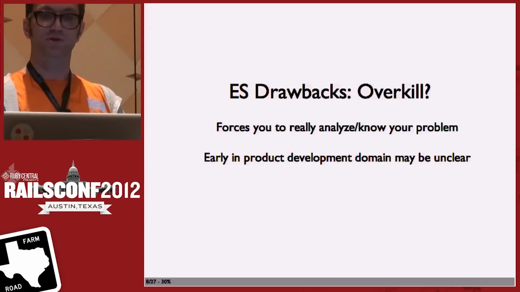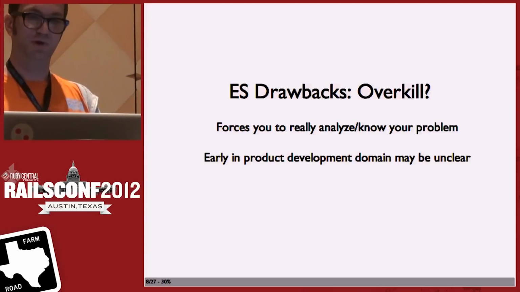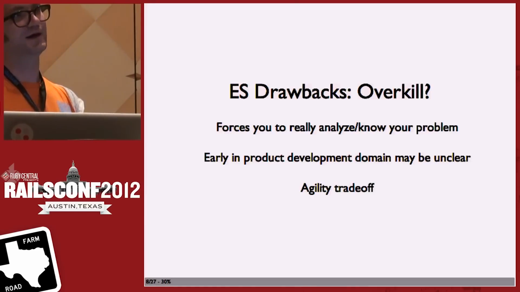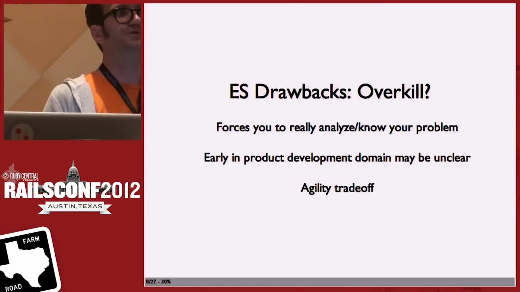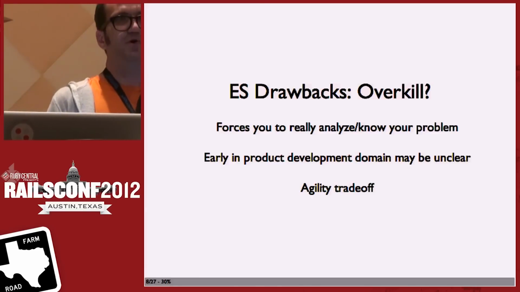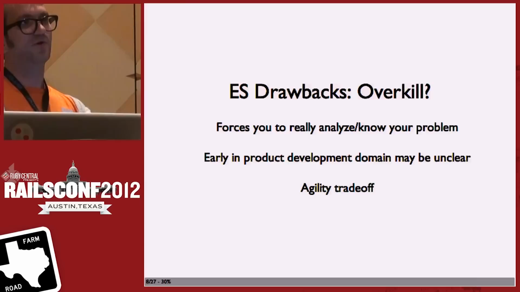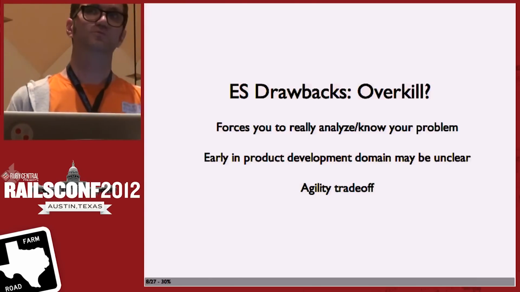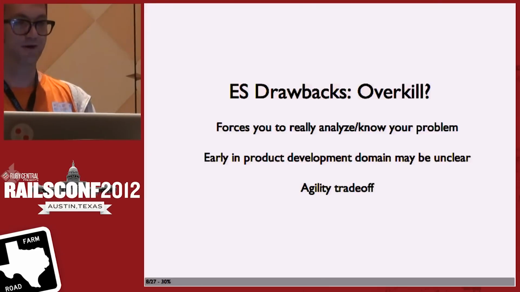So early in the product development, as I mentioned, the domain may be unclear. There's also a bit of an agility trade-off. In that early stage, you want to be able to move quickly, and this is going to impose some constraints on you that may not make it easy to move that quickly.